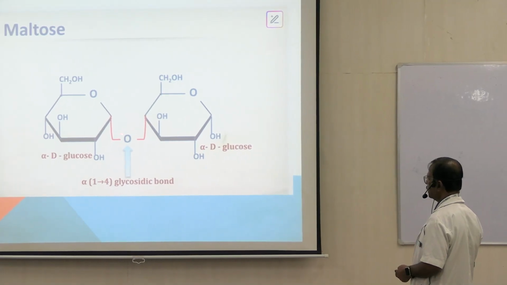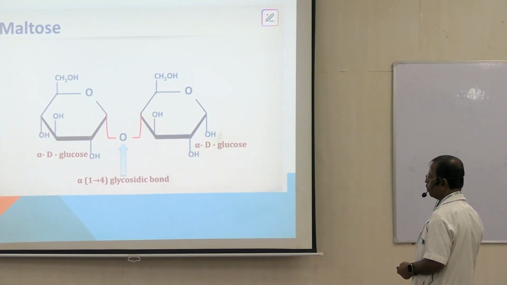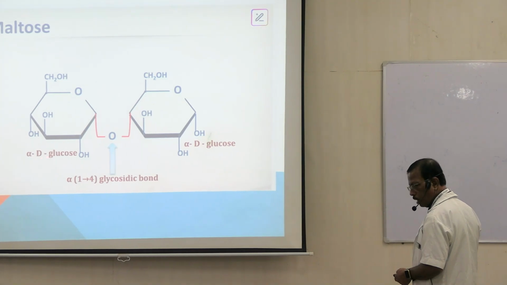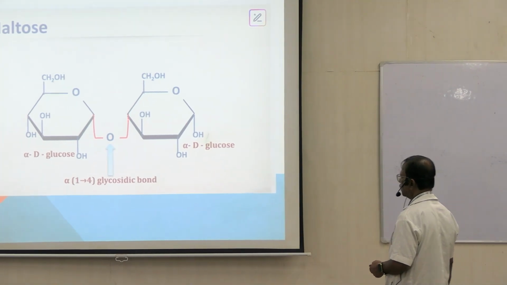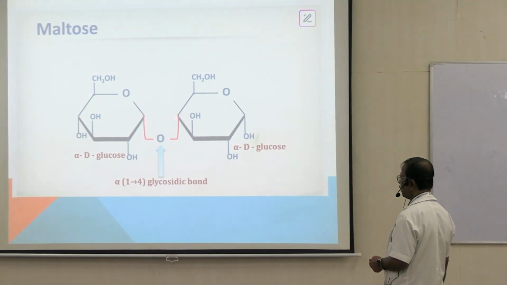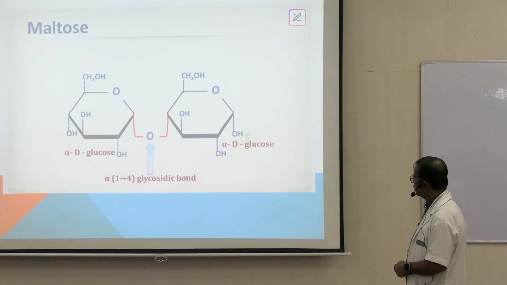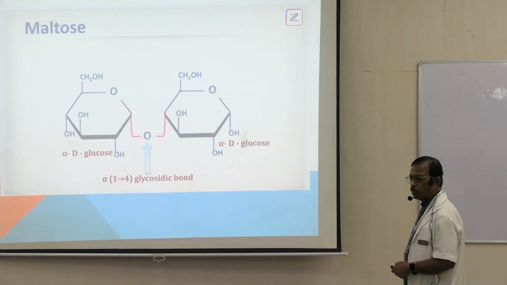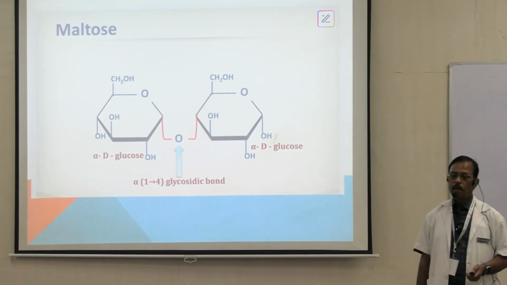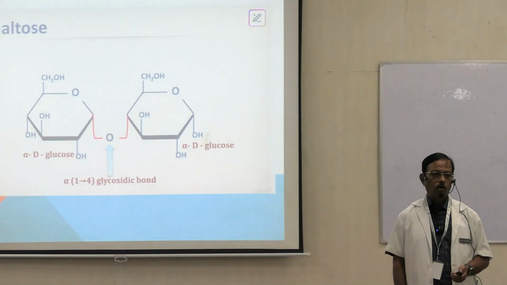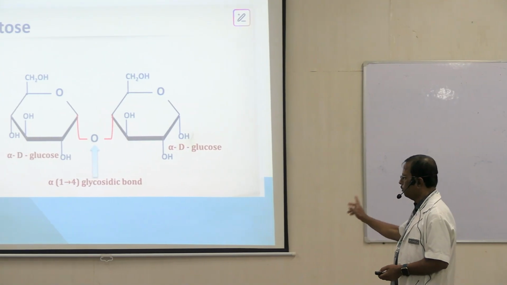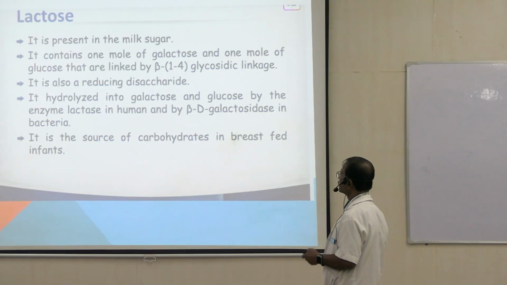So it has a glycosidic bond between carbon number 1 of glucose number 1 and carbon number 4 of glucose number 2. So this carbon is free, having an aldehyde group, and it is responsible for the reducing property of maltose.